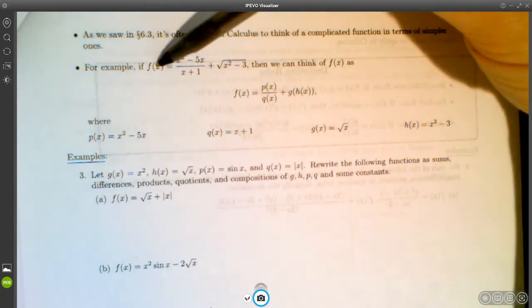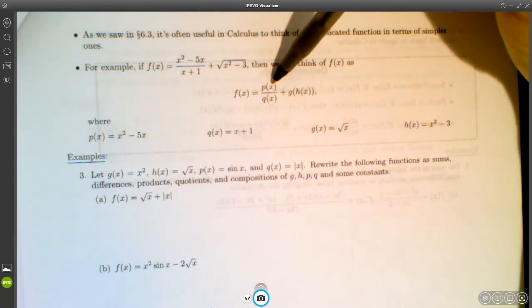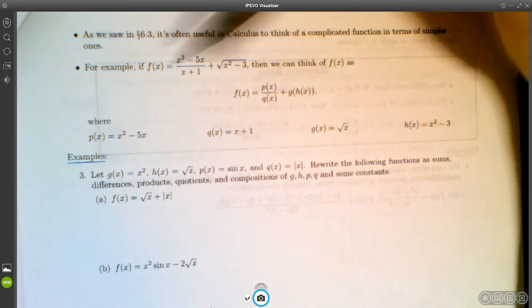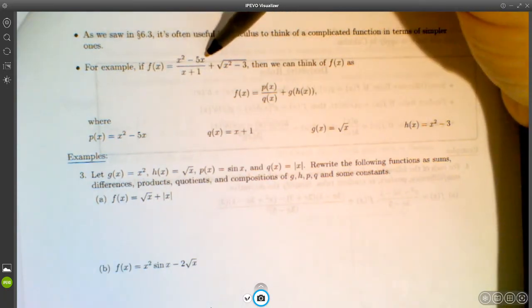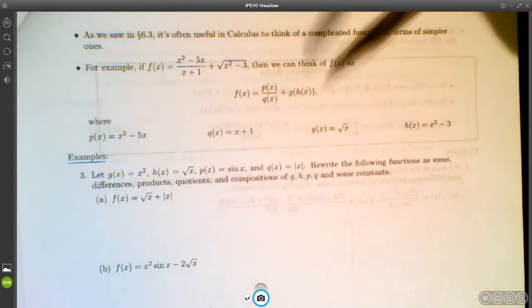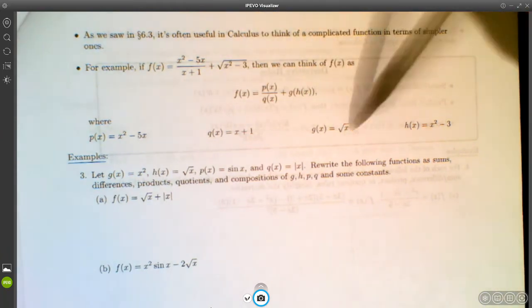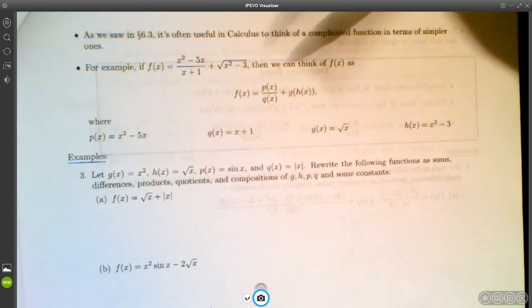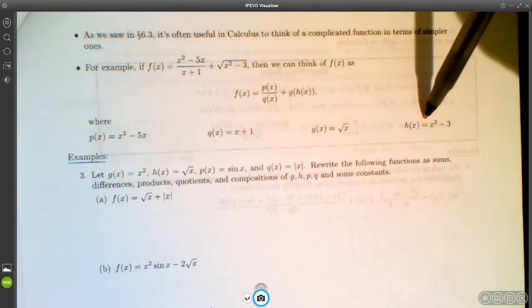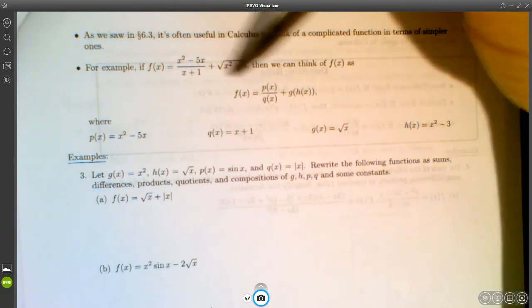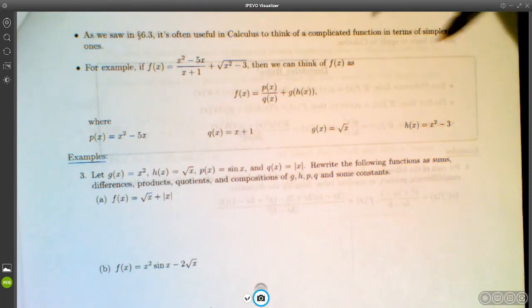So in other words, we can rewrite f of x as p of x over q of x plus g of h of x, where p of x is x squared minus 5x, q of x is x plus 1, g of x is the square root function, and h of x is x squared minus 3. So that when you compose g of h of x, you're going to get square root of x squared minus 3.